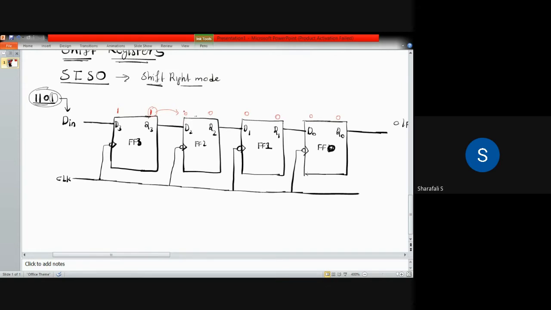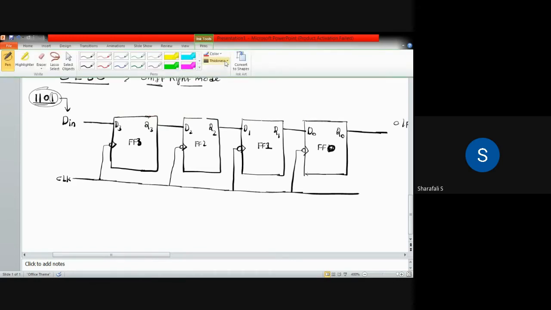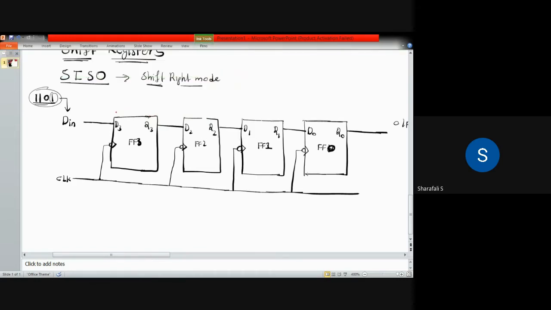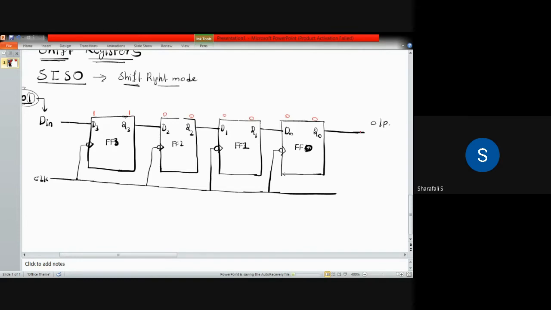So this 0 will become 1, and here it will become 0 because your input now is 0, and here also this will become 1. This is again 0, 0, 0, 0. So basically the initial values are shifted. I will write both of them so we can understand. Initially all are 0. Then we have here 1, this is also 1, and 0, 0, 0, 0. So the output is now 0.